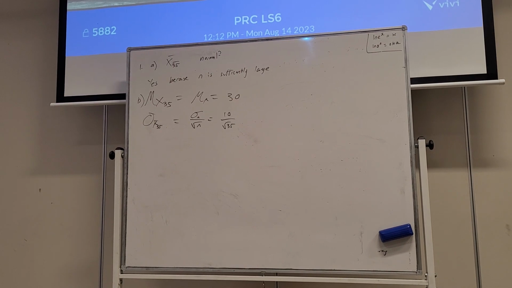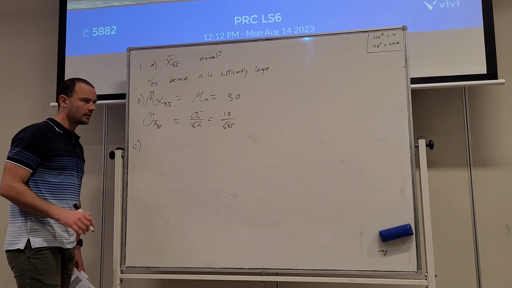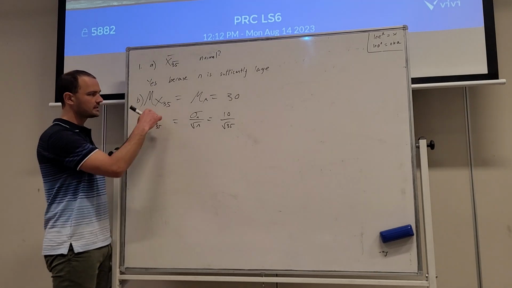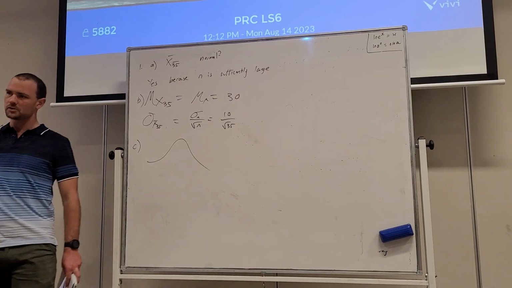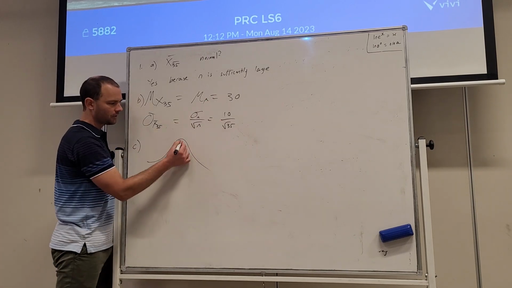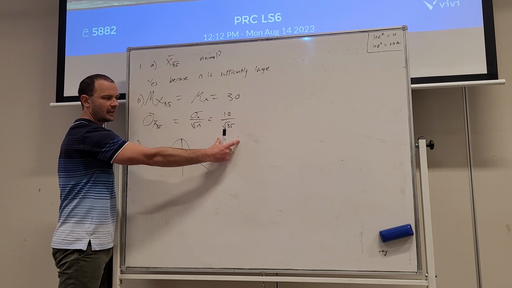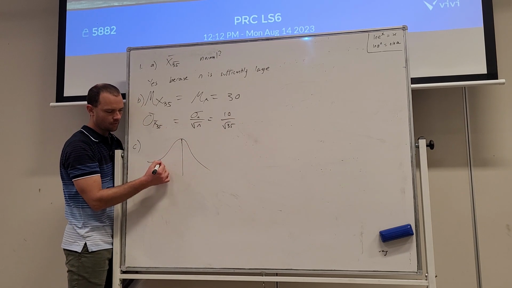Part C, find the probability of X̄35 being larger than 32. So we've got this distribution X̄35. It's approximately normal because n is sufficiently large, and it has a mean of 30 and a standard deviation of 10 on root 35. And we're saying, what's the probability of it being larger than 32?